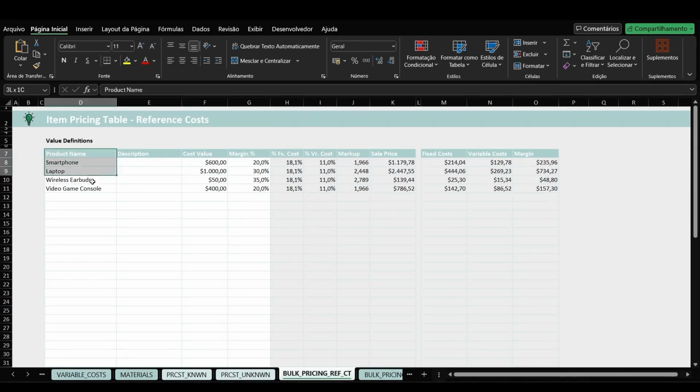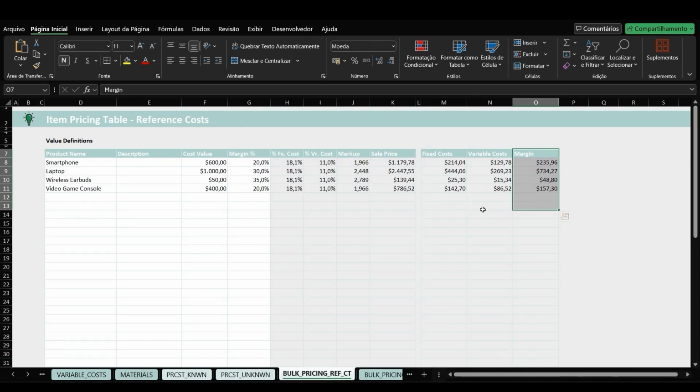You enter the product name in the first column, what the cost of that product was for you, and what the desired margin is for the sale you're aiming for. With that, the spreadsheet calculates the selling price for each of those products, and it shows you the amount that should be allocated for fixed costs, variable costs, and your profit margin.